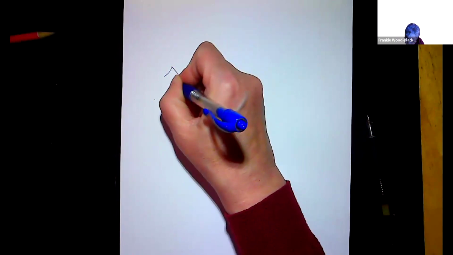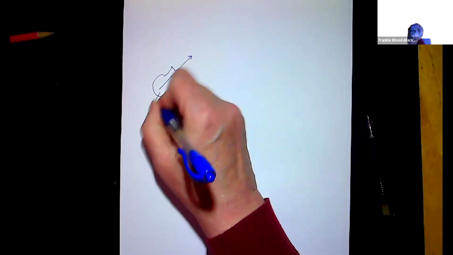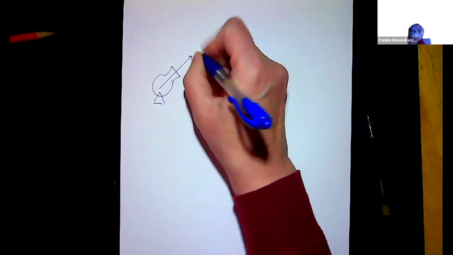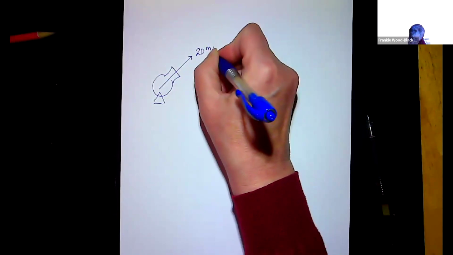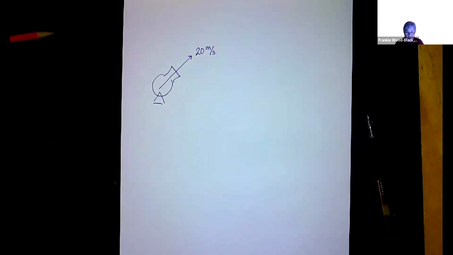So let's take a cannon. And now we're going to shoot my projectile out of the cannon at 20 meters per second. But we have our toolkit.